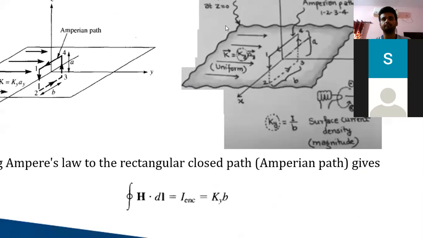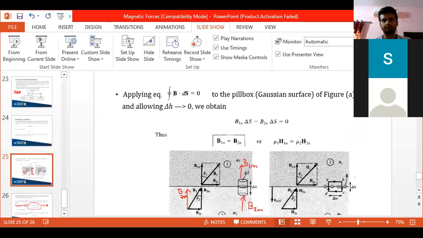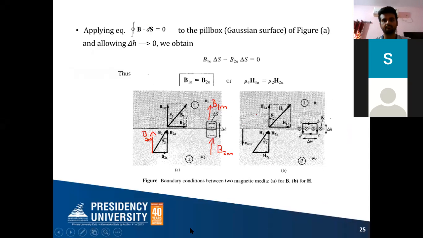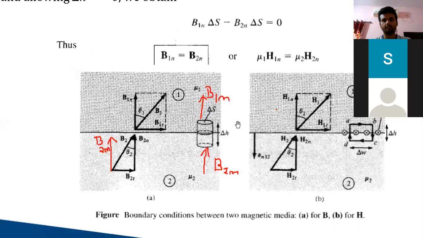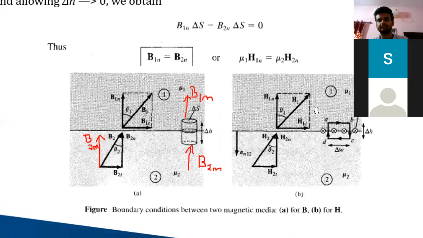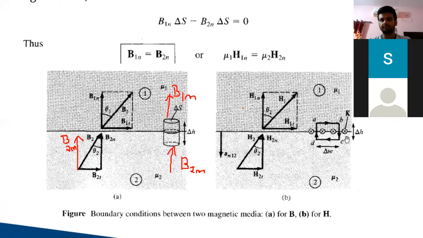Similarly, it will happen here also, the magnetic field intensities due to this part will cancel out each other. So we are not considering delta H. We are considering only delta W. So we are writing current enclosed equals I into K into delta W.